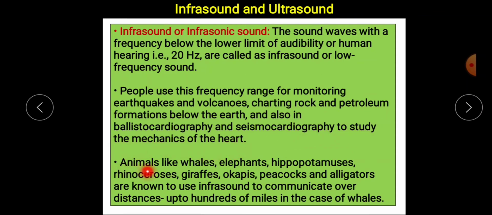In case of animals, whales, elephants, hippopotamuses, rhinoceroses, giraffes, okapis, peacocks, and alligators are known to use infrasound to communicate over distances. It is up to hundreds of miles in case of whales. So you have to remember what are the uses of infrasound for humans and for animals.